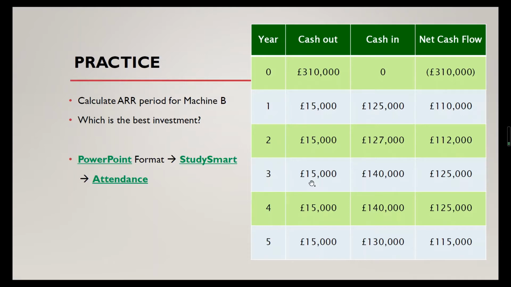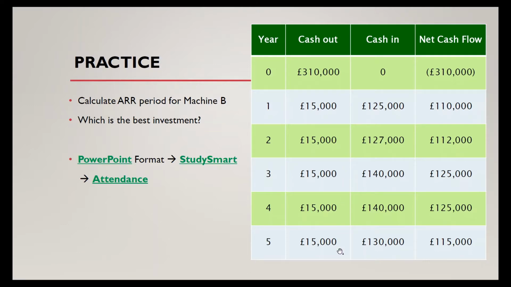We ended the last video with a practice question of machine B, where the initial investment of machine B will cost £310,000. In addition to the initial investment, there is an additional cost of £15,000 per year for using the machine.